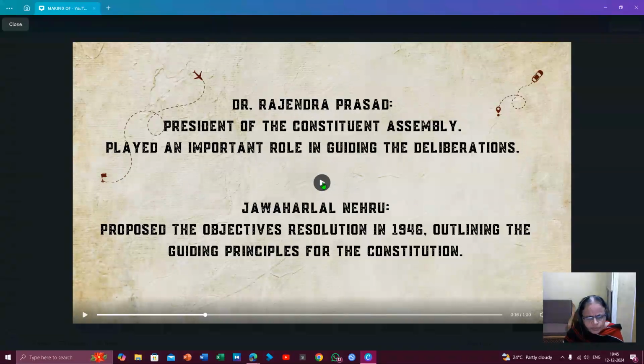He proposed the objectives, what our objectives should be for good governance of the country. His resolutions he brought in 1946, outlining the guiding principles for the constitution. He gave many principles on how the constitution should be made.